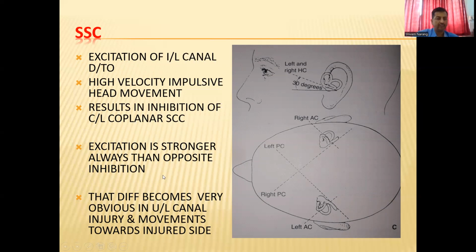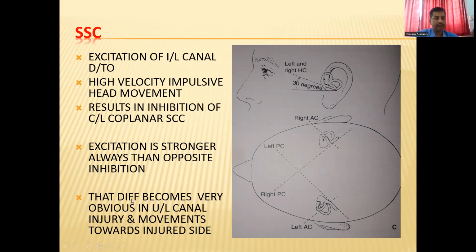The excitation of any canal is always stronger than the inhibition of the opposite canal. So the increase in the firing rate is a much stronger signal than the inhibition. This causes the basis of vertigo.